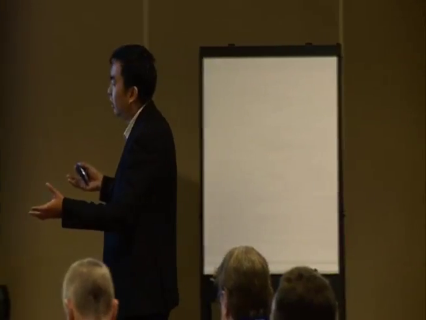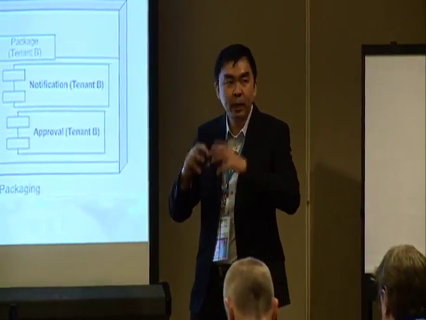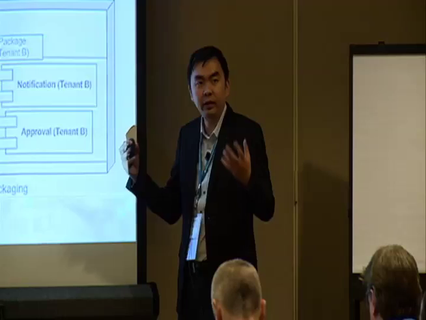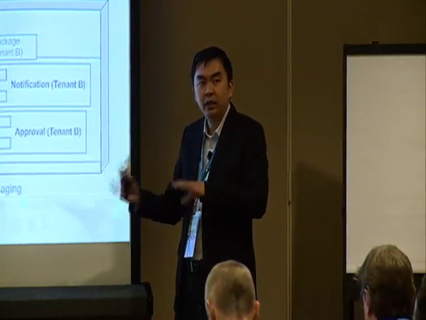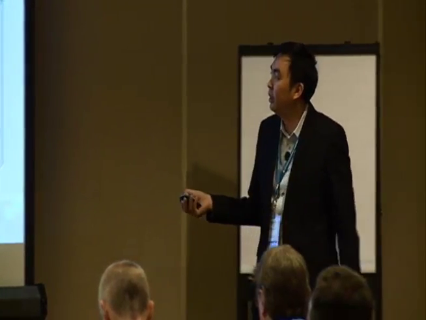Think of this as your normal Java EE applications. You can package up one WAR file for all the tenants, or you can package many WAR files, one WAR file for each tenant. So the packaging part determines whether you're sharing for all the tenants or per tenant. And the last part, the topmost layer, is the binding.